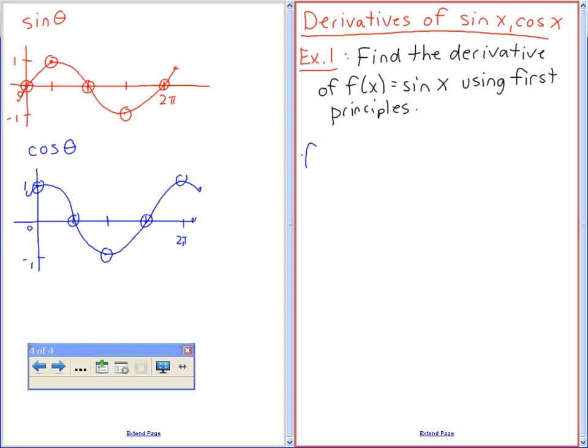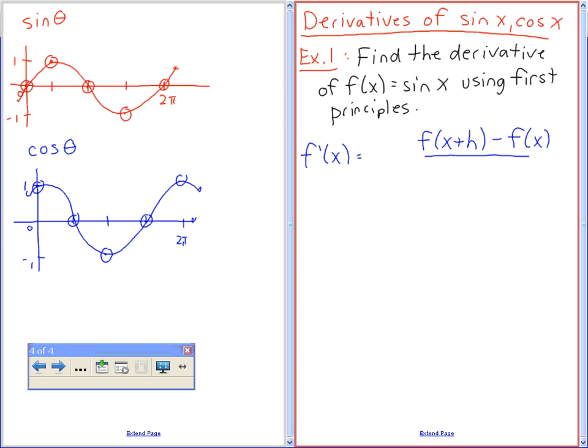Can you recite from memory in the first unit of the year how you find the derivative of something? All right, somebody help. No, go ahead. It's f of x plus h minus f of x, all over h.